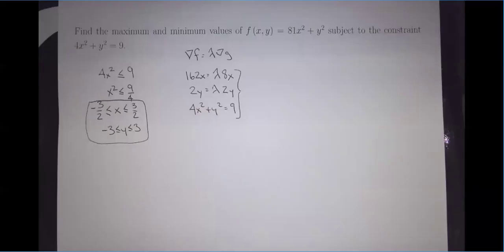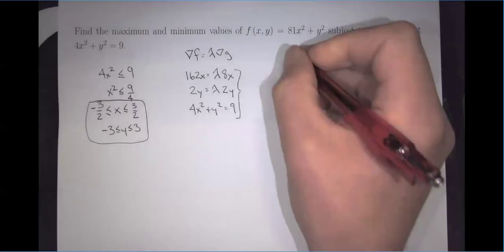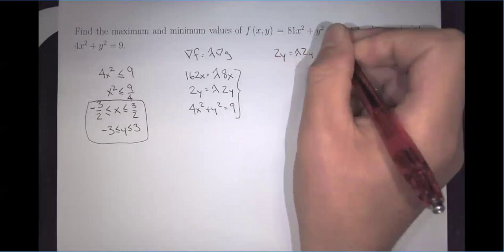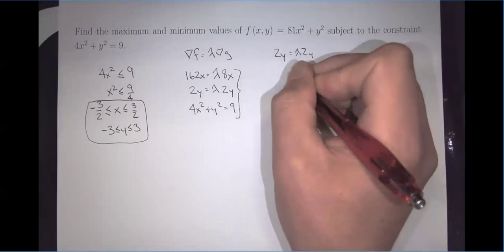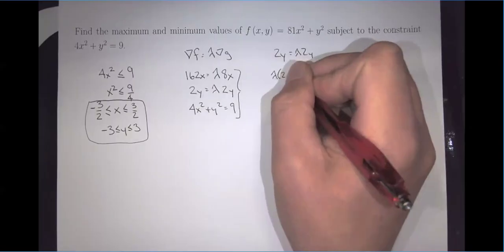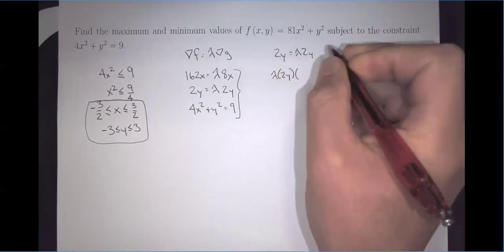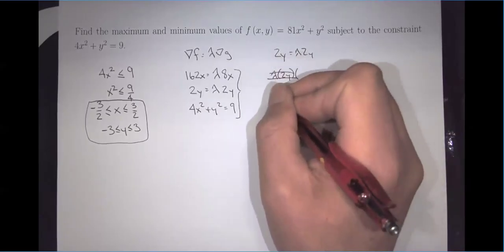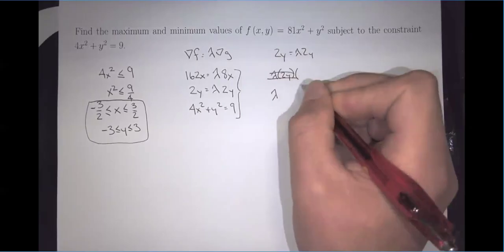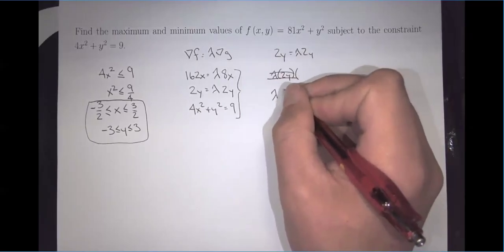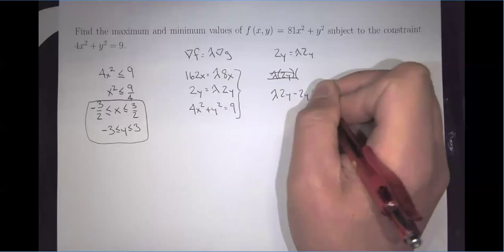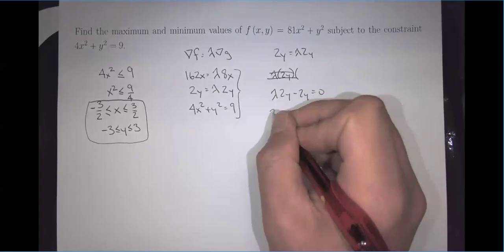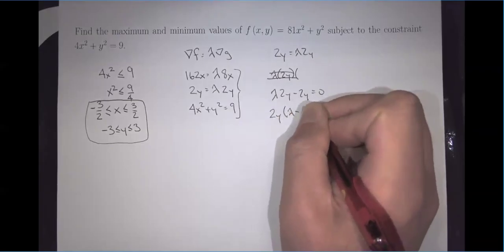Now, for simplicity, let's start with the middle equation. If we know that 2y is equal to lambda times 2y, then we can move this over and get lambda times 2y minus 2y equals 0, or 2y times lambda minus 1 equals 0.